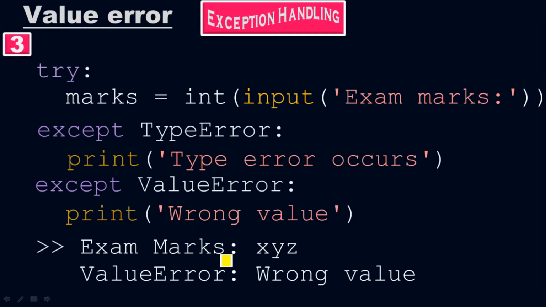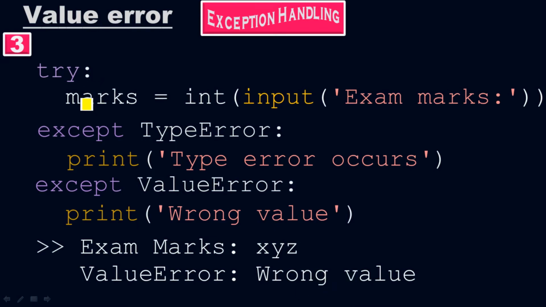If you put integer, it won't be an issue. But if you put something else, like we put variables, XYZ, they are not integers. Value error is satisfied here in the next choice. So you will get the value error with a statement wrong value because of this print function.